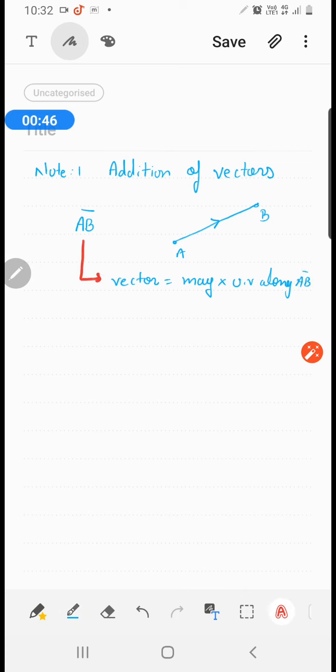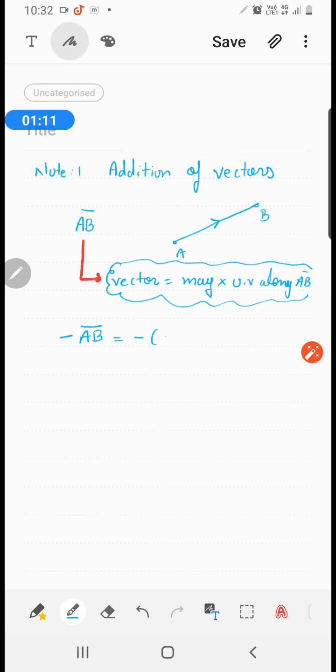Okay, so with this, I got an idea about a vector. Now what I'm trying to discuss here is what happens if I multiply this with a minus sign. As we all know, the vector is made up of magnitude and direction.